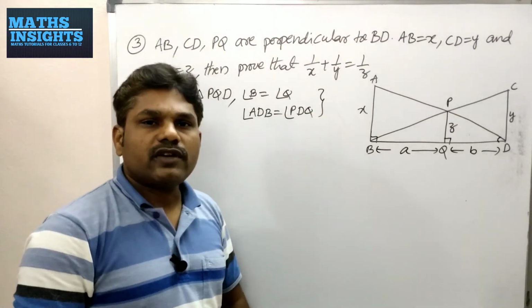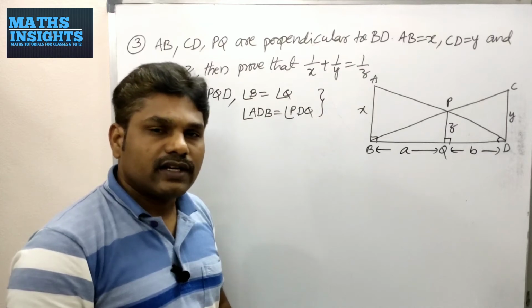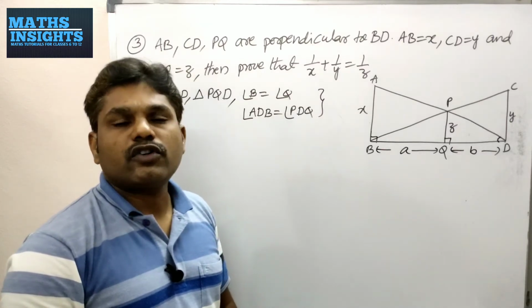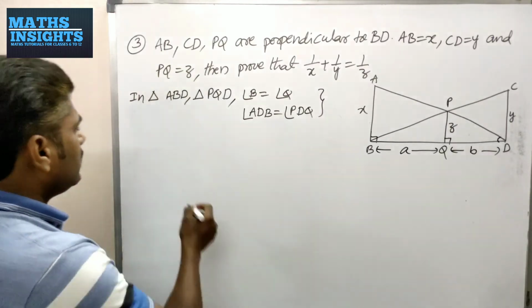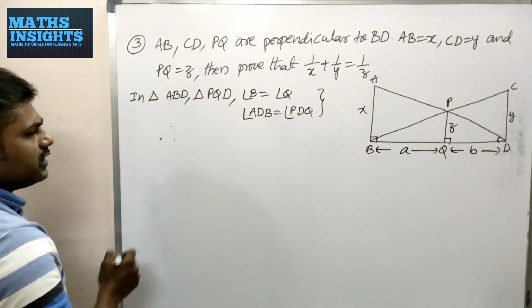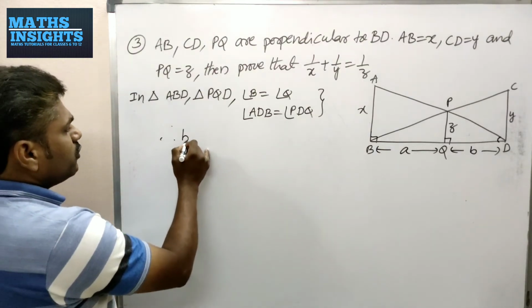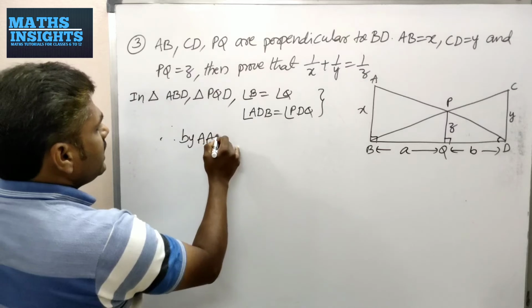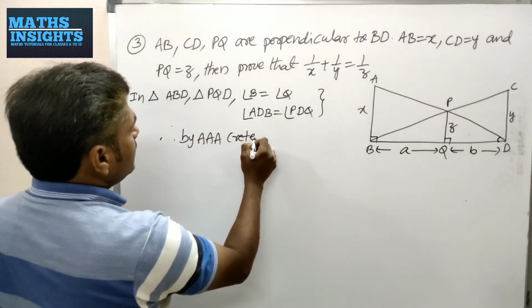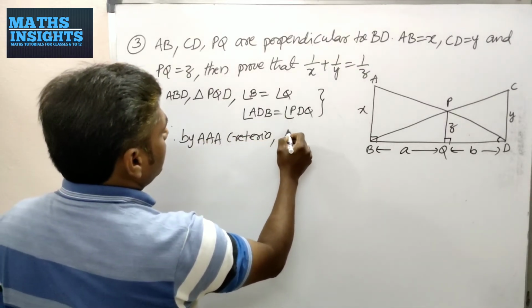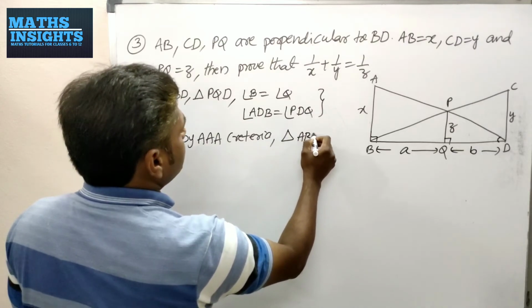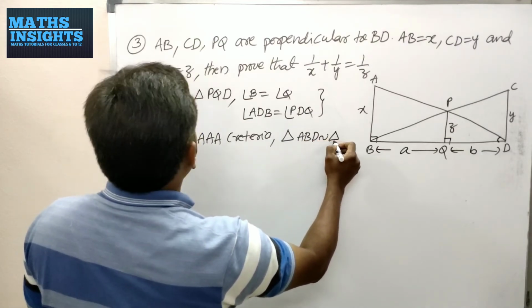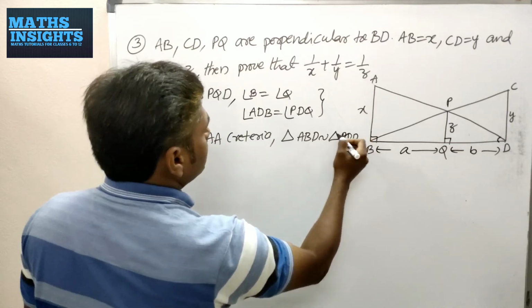Then by the angle sum property of a triangle, the third angle will automatically be equal. Therefore, by AAA criteria, triangle ABD is similar to triangle PQD.